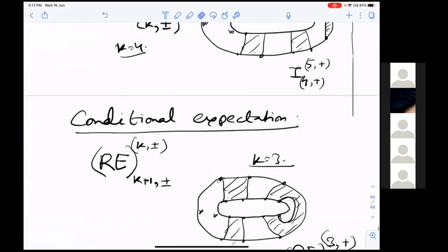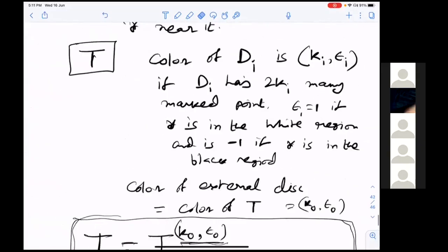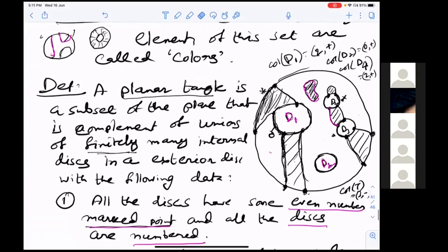Okay, from that figure, this one. See, in this internal disk, if we want to know the color of the internal disk, we have to specify the sign. So here there are how many points? 1, 2, 3, 4. 4 mark points. So the color would be 4 by 2, comma, and I have to see the distinguished arc. This is the distinguished arc.